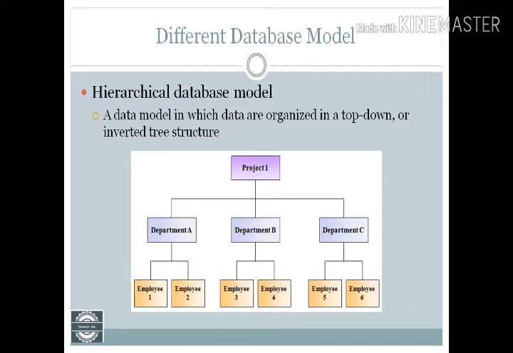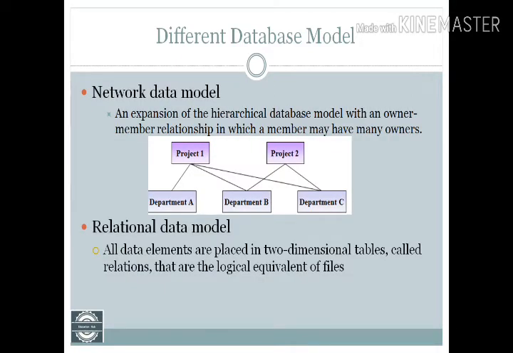Now we have to start another data model. The hierarchical data model is clear to you now; in it, data comes in a hierarchical way. The next model is the network data model. The network data model is not like the hierarchical way.